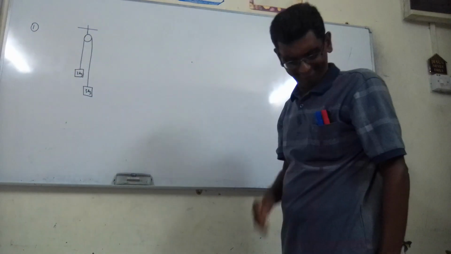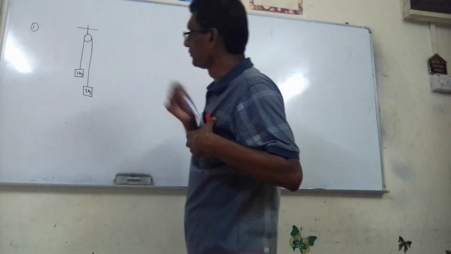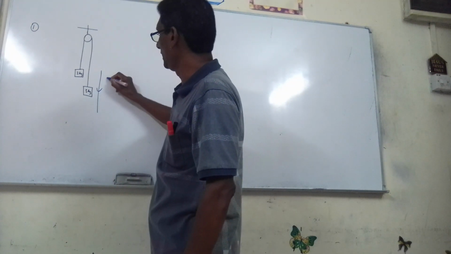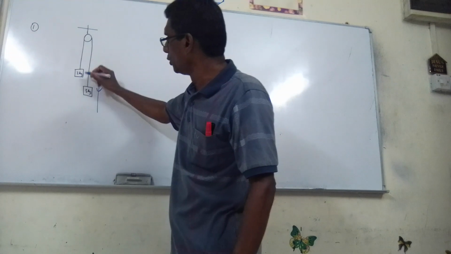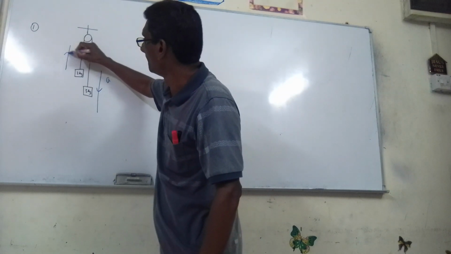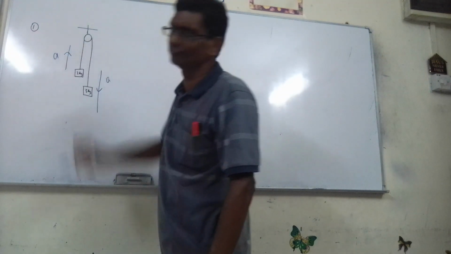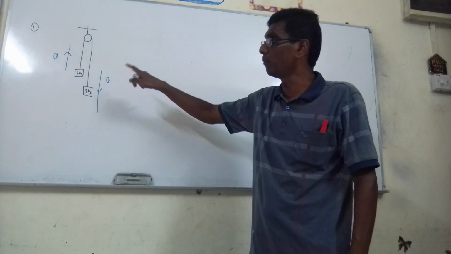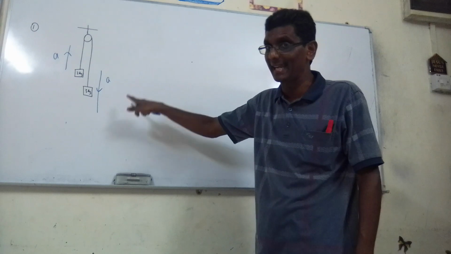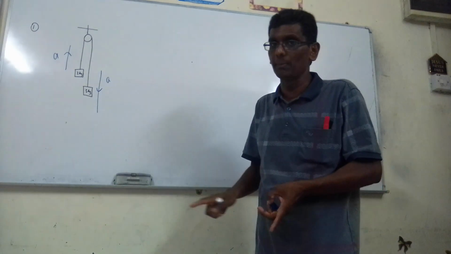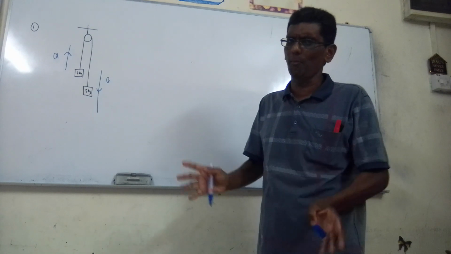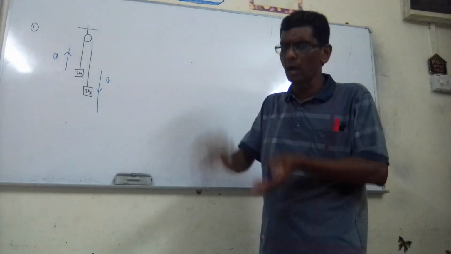What happens? The 3 kg moves down with acceleration A, and the 2 kg moves up with the same acceleration A, because both objects are tied by the same string.